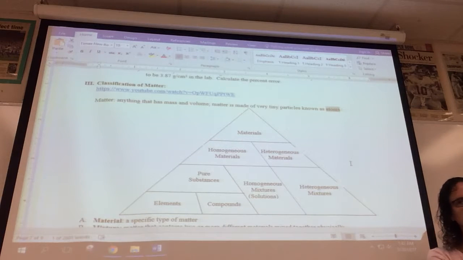What does the prefix homo mean? Same. Good. So homo means same, like homologous chromosomes. What other word from bio had homo in it last year? Think about genetics.